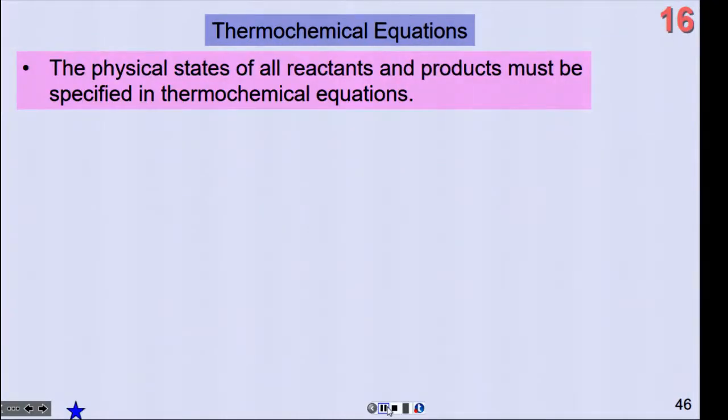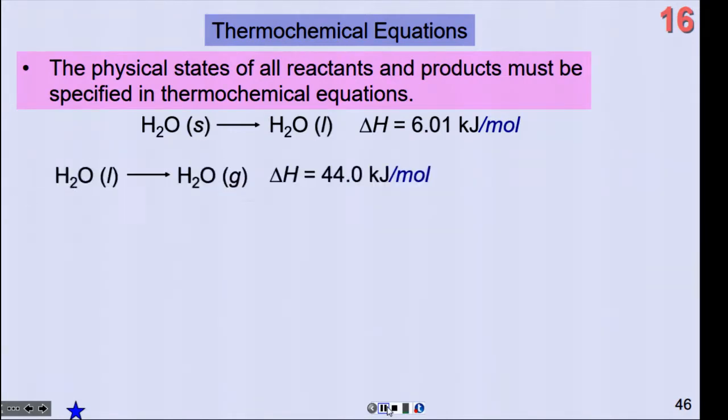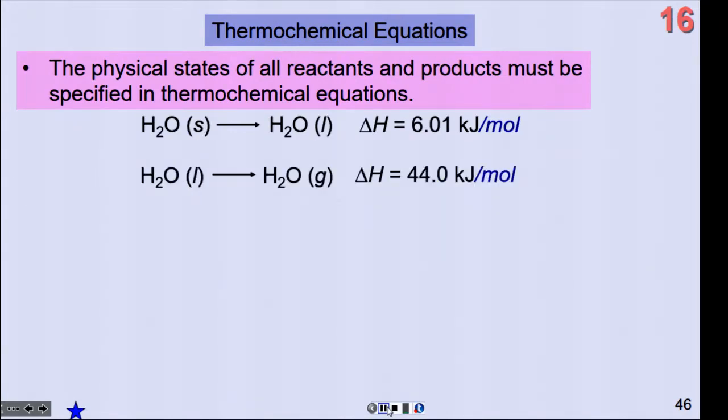One more thing to notice. Physical states of all reactants and products have to be specified in thermochemical equations. If not, you won't necessarily have all the information correct, so you've got to be careful. We're thinking about solid to liquid in the example of melting the ice, and if we're going from liquid to gas, you have to specify the phases. This is just phase changes, to know what you're referring to.